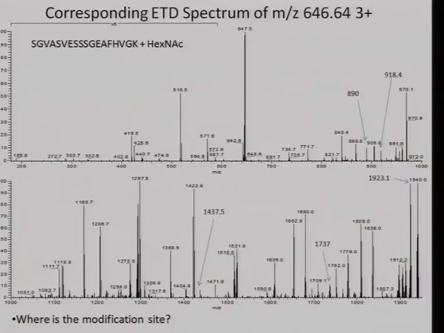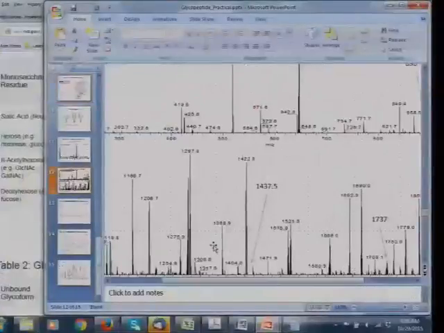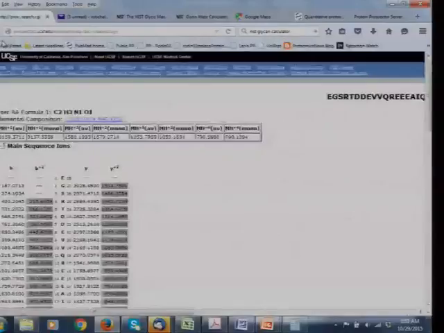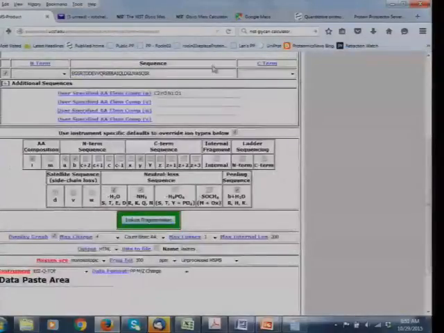So the question is, from these fragments, can we work out which of those serines the modification is on? For that, we're going to need this program MS-Product we were just using. What's the sequence for our peptide?